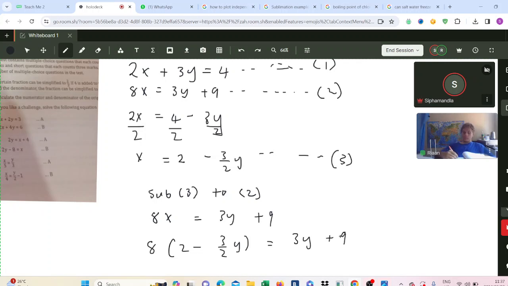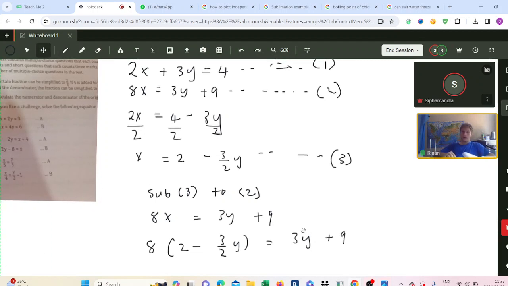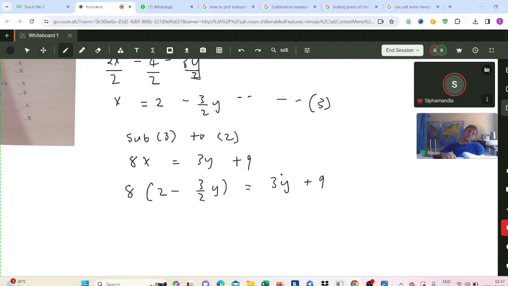Do you have any questions here? No, so far it makes more sense than what I was trying to do. Right. Now what do we do? We just distribute this 8. So it's 8 times 2, which would be 16. And 8 times negative 3 over 2: what is 8 times 3? 8 times 3 is 24, and 24 divided by 2 is 12.